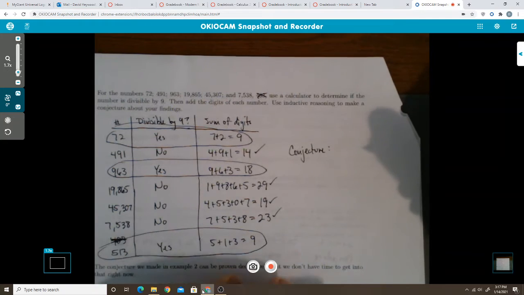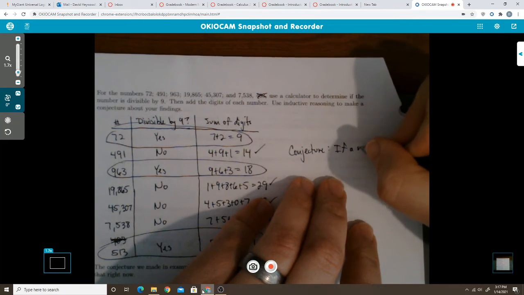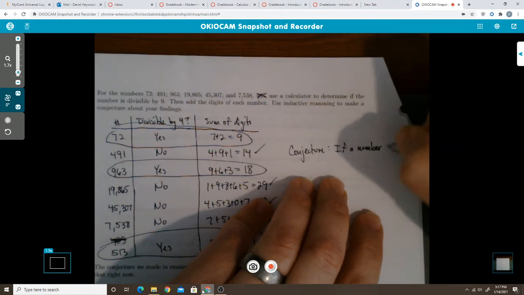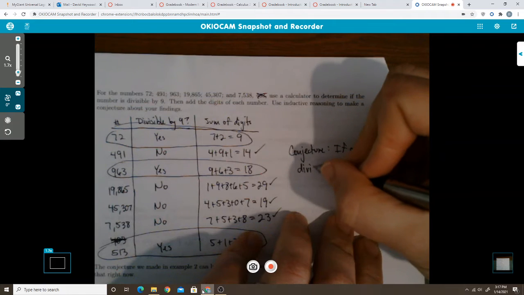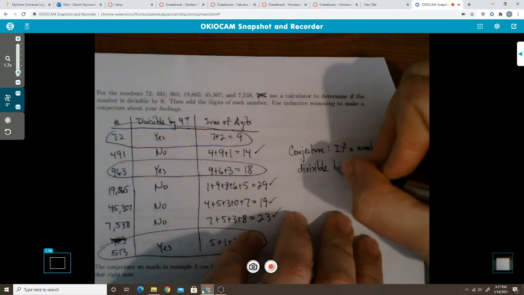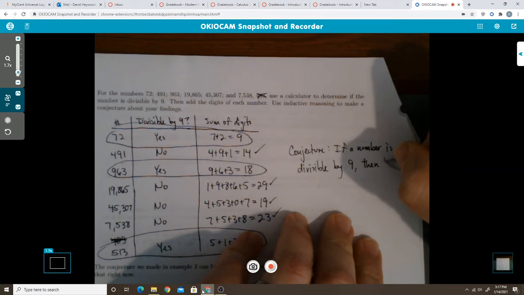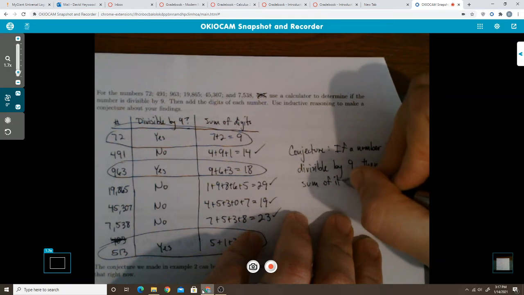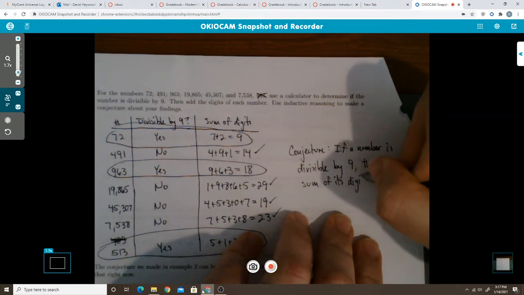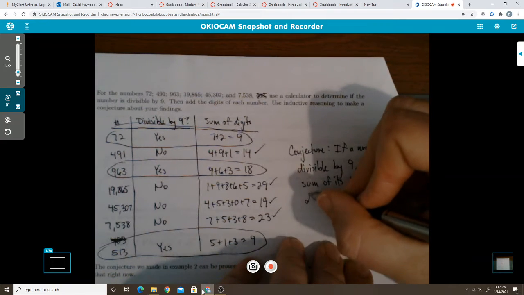is that if a number is divisible by 9, then the sum of its digits is also divisible by 9.